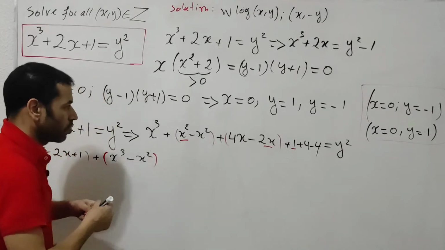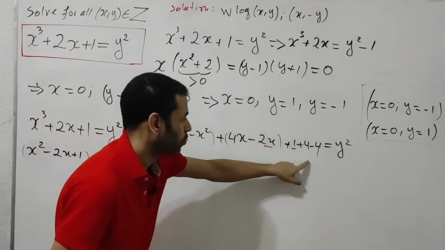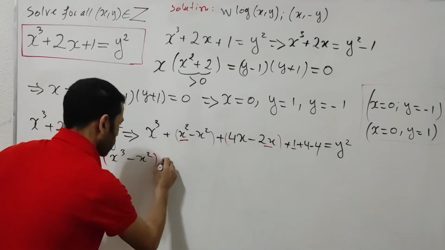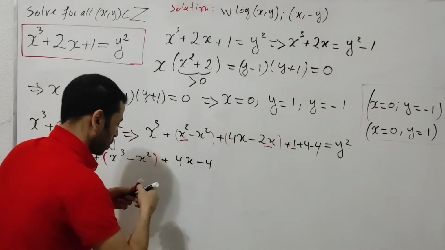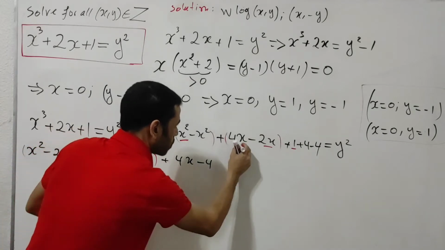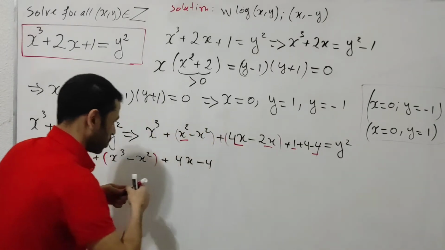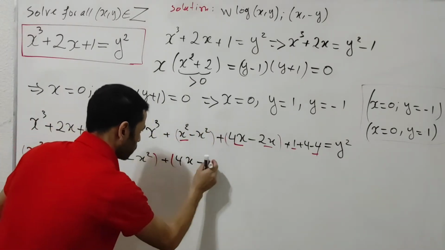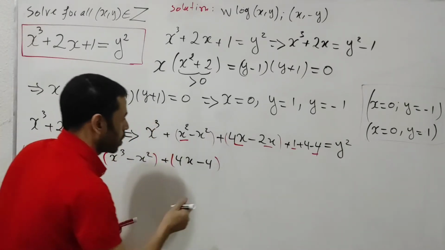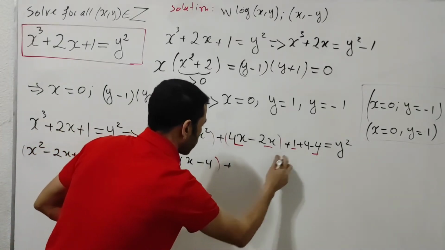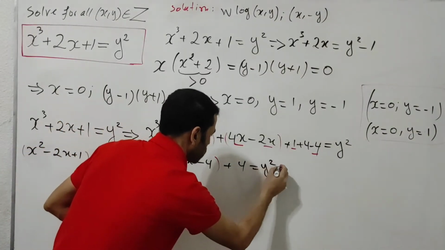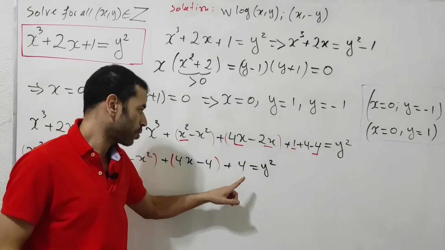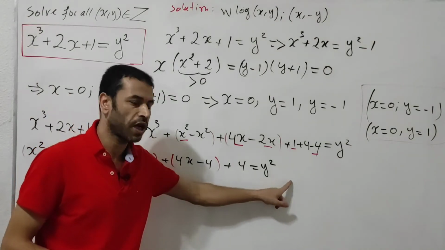And finally I will have 4x plus 4 minus 4, so 4x minus 4 with this one, then plus number 4, equals y squared. I'm going to move over number 4 to the right hand side of this equation.